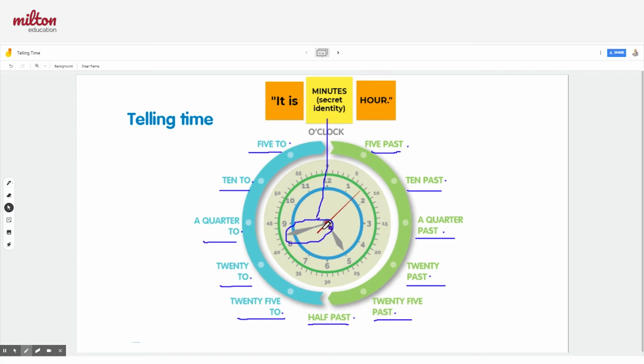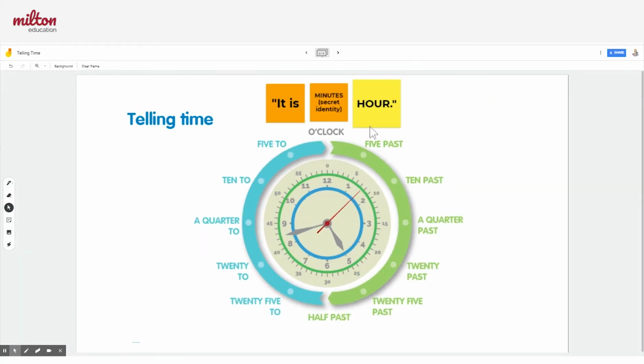So these are the secret identities of the big hand that tell us the minutes of the time. But what about the hour? Well, the hour is a little bit easier. The hour hand is the small hand, this one here. And it doesn't have a secret identity. It says who it is, loud and clear.